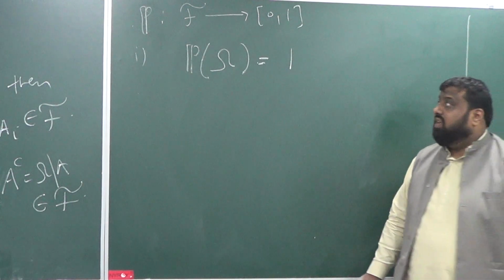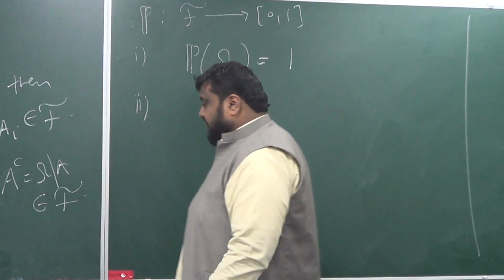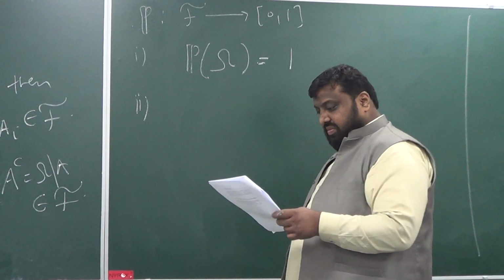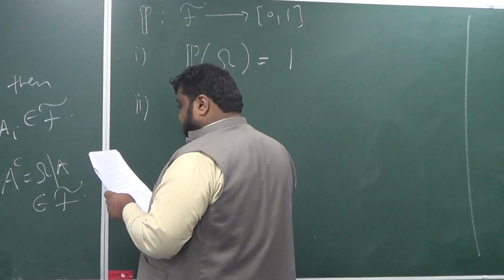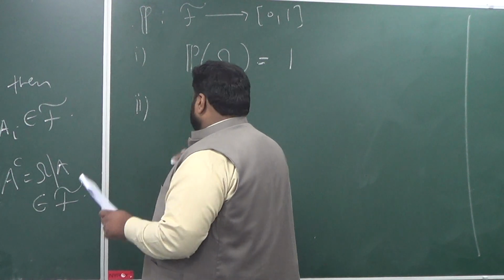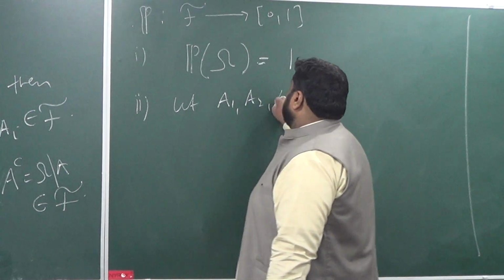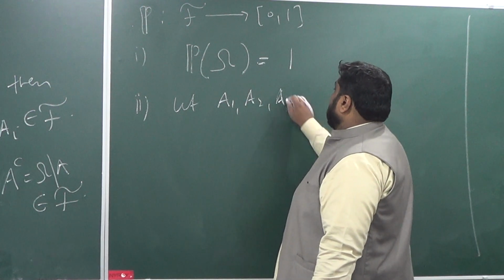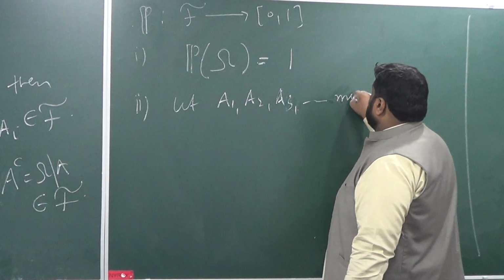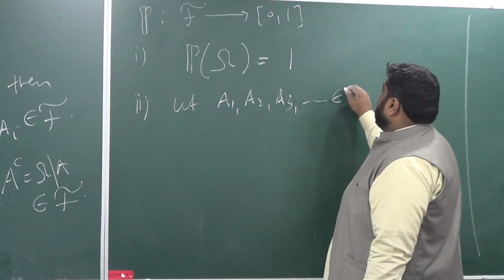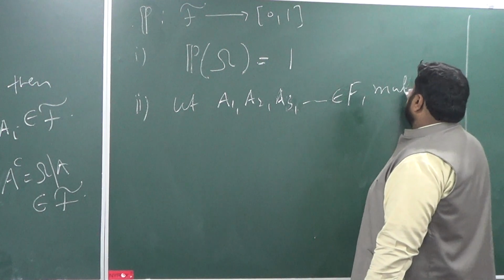The second thing it is going to tell is that if I have a countable sequence of events from F, but they are mutually disjoint, this is the additional condition.